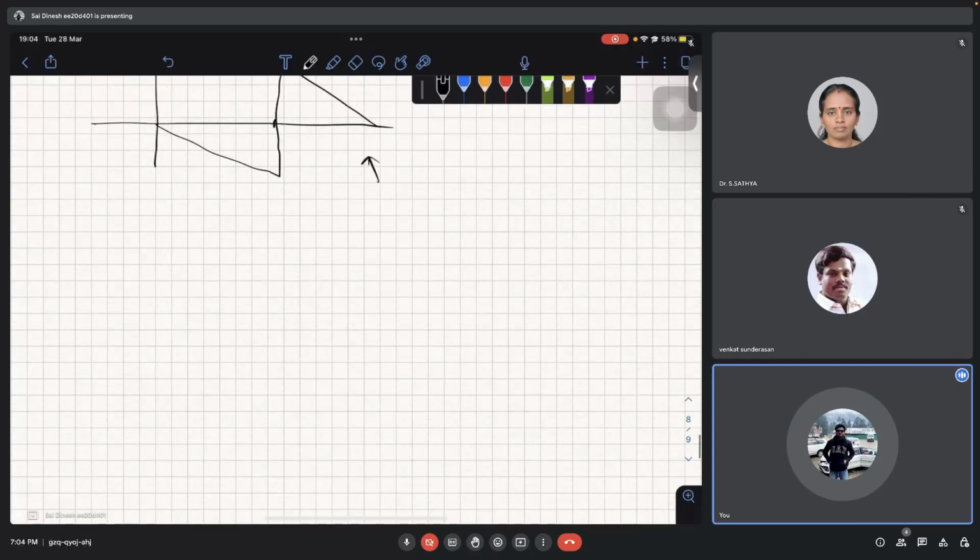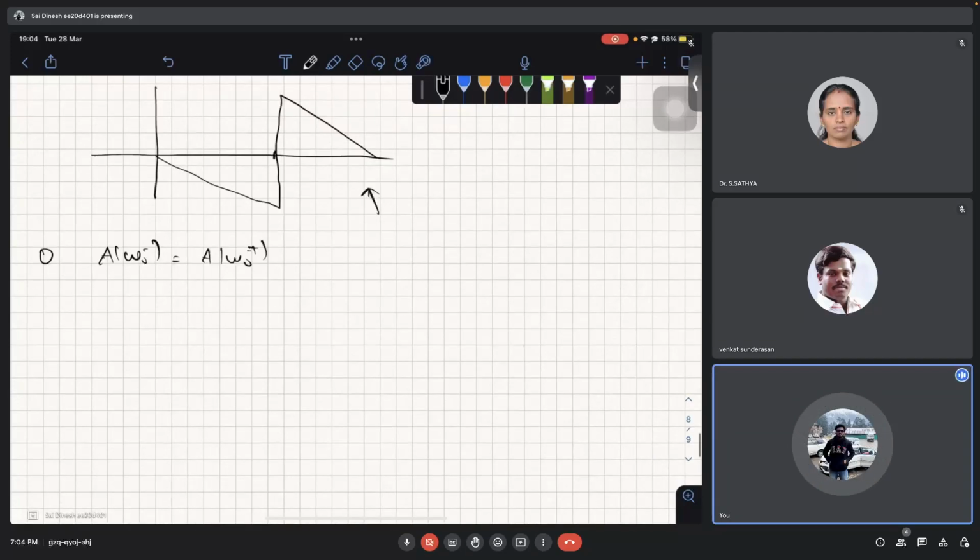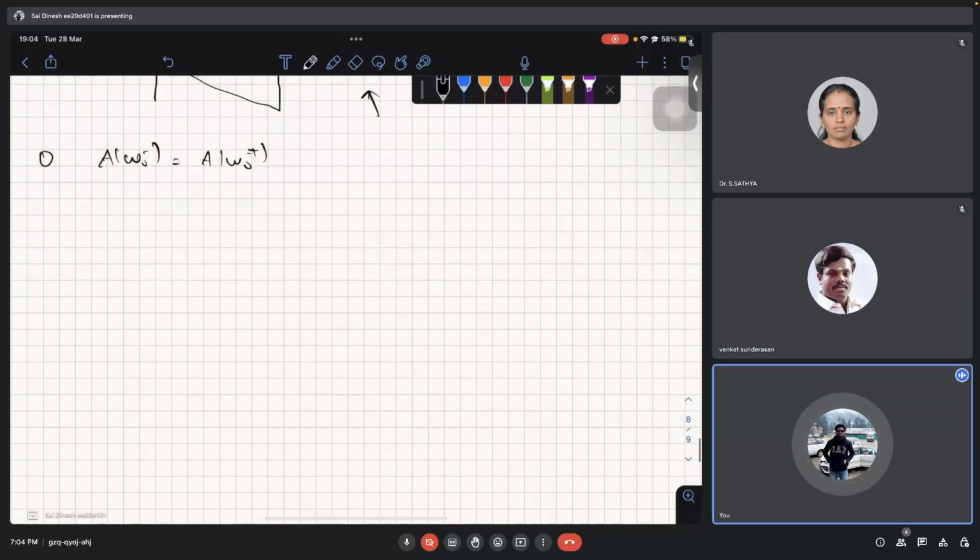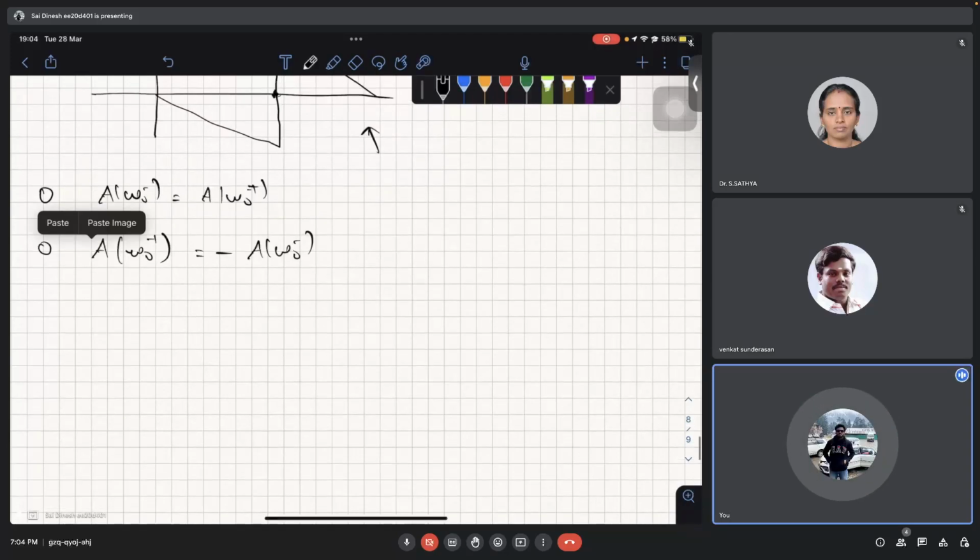This is how the response will be. The first one would be not plus. So we have seen that there is a phase change basically. Is that true or false? And then the second one is plus equal to minus omega minus. So just from this you can directly see which one is true here.